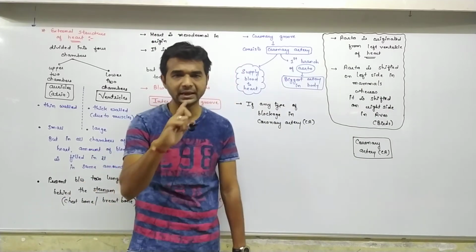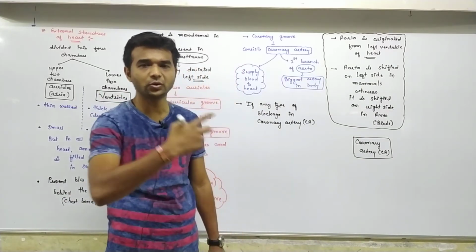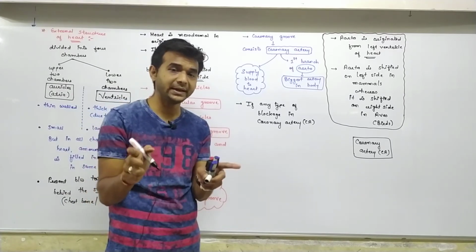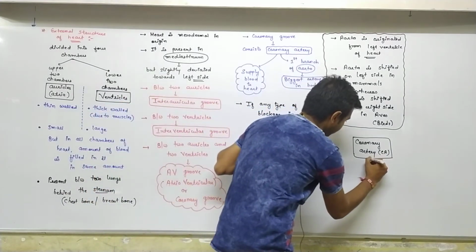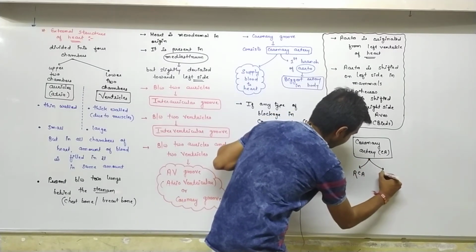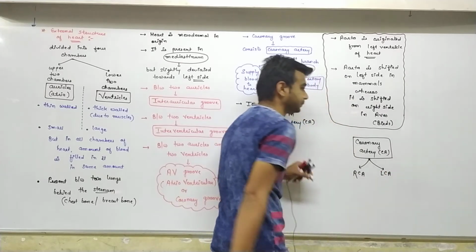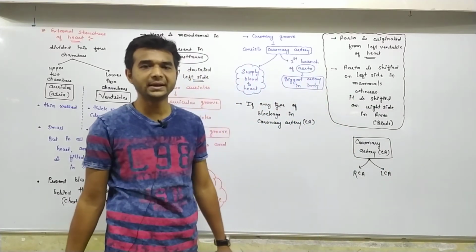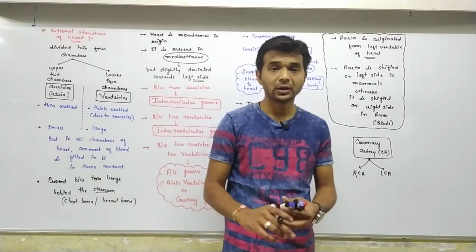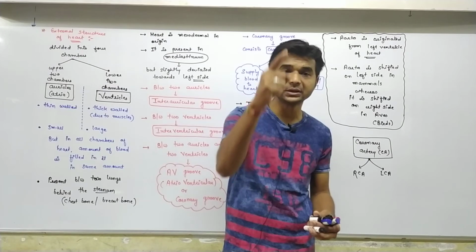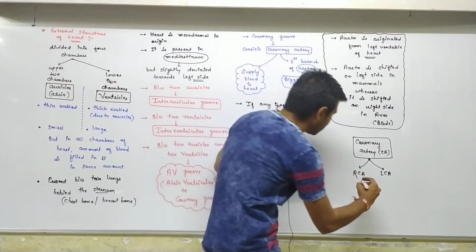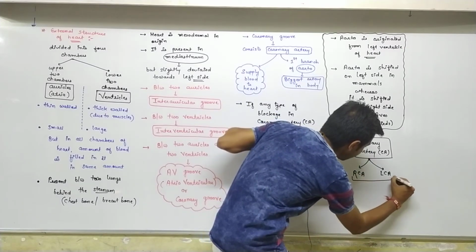So generally in the AV groove or coronary groove, the coronary artery is there, and then it is divided into two parts, right coronary artery and left coronary artery. Between the two ventricles the interventricular groove is there.